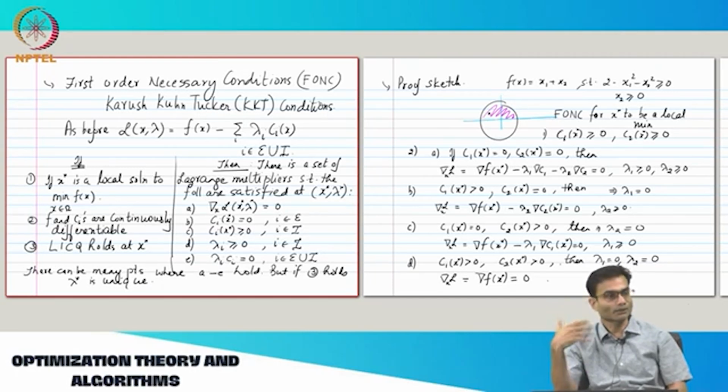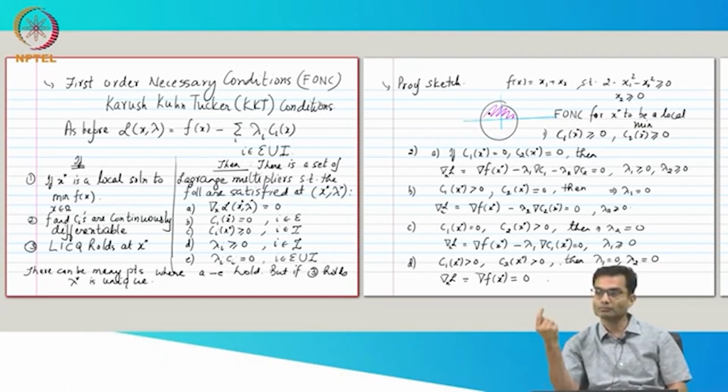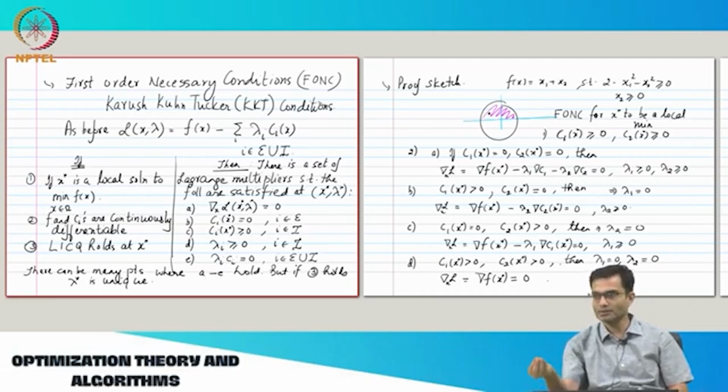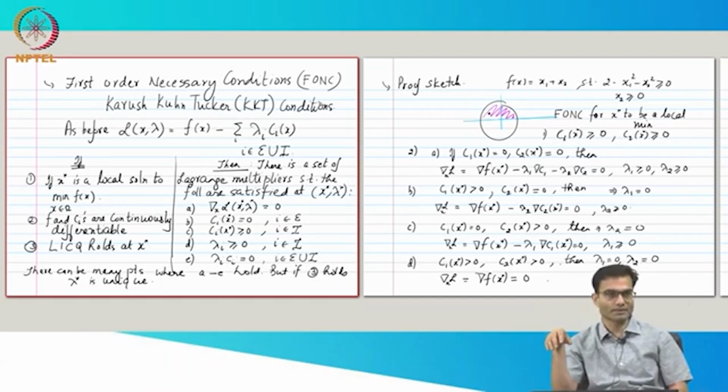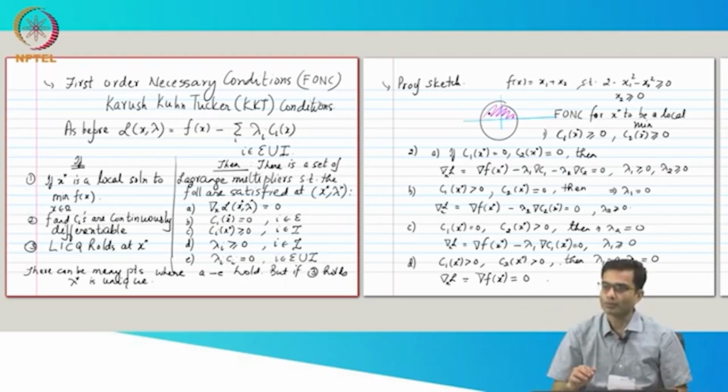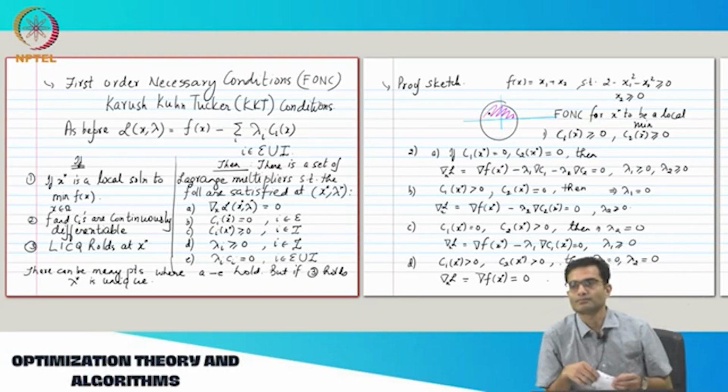But I can have multiple constraints in such a way that the feasible set is a point. That is also possible. It will be a very silly problem to solve, because if there is only one point in the feasible set, there is nothing to optimize. That is the solution. So in general, the dimensionality is going to be less than the overall space in which we live, obviously, but we cannot say it will always be one less than the overall dimension.